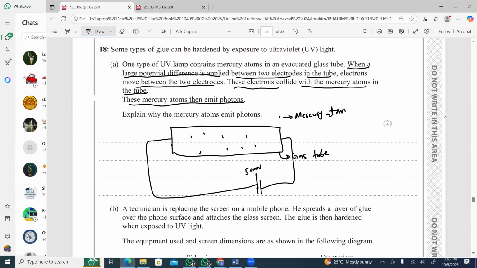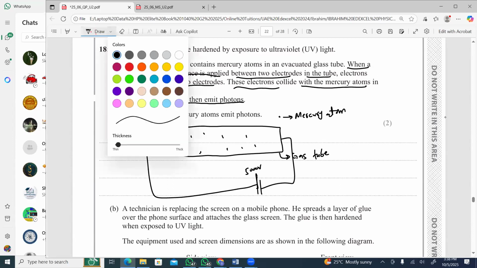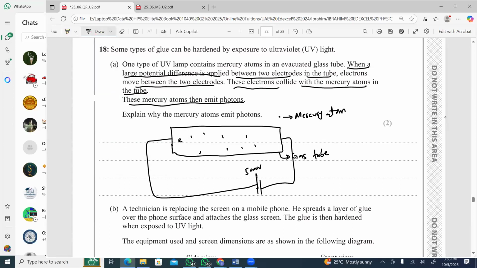Okay, so when you apply a very high voltage, what will happen? The electrons are going to be accelerated to a very high speed, right? So say that this is an electron coming in and striking it. Okay, so when the electron strikes it, what happens?